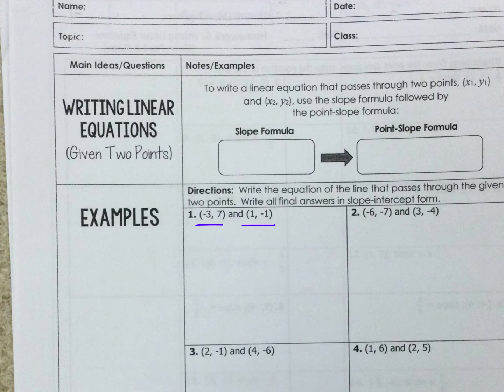So first I'm going to use the slope formula to figure out the slope. And then I'm going to take my x1 and y1 and use the formula we just learned to get it into mx plus b form.